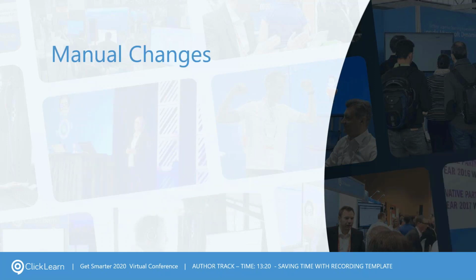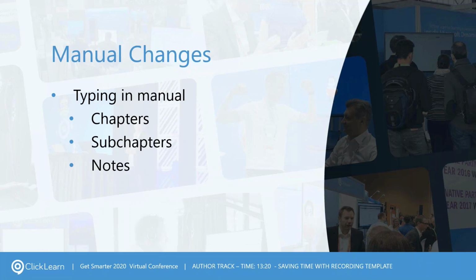Okay, so manual changes. Some of the manual changes that you can do in a recording are, for example, adding chapters, sub-chapters, and notes into your recording. That is maybe some of the most important information that you can add in there, besides where the action is.